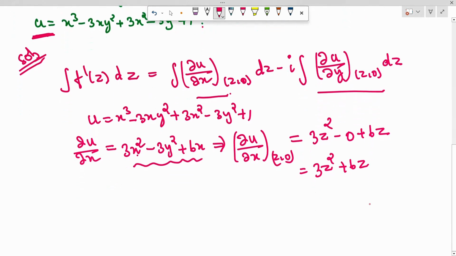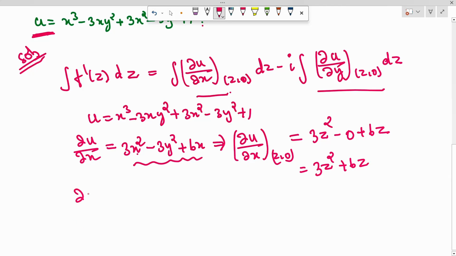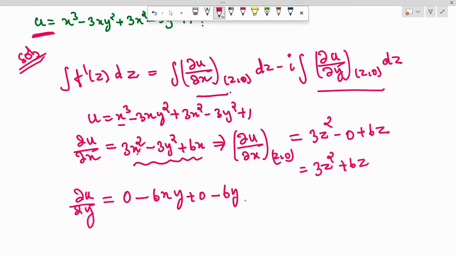Okay. In a similar way, we can calculate dou u by dou y. Partially differentiate with respect to y. X cube means the first term is 0. Here y square is there, 3x constant, and differentiating with respect to y gives minus 6xy. Next term 0, minus 6y.